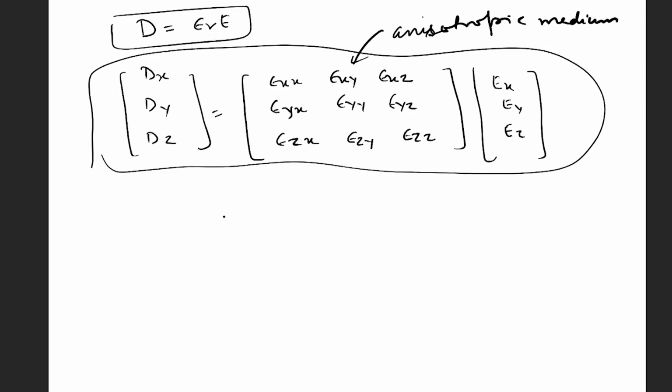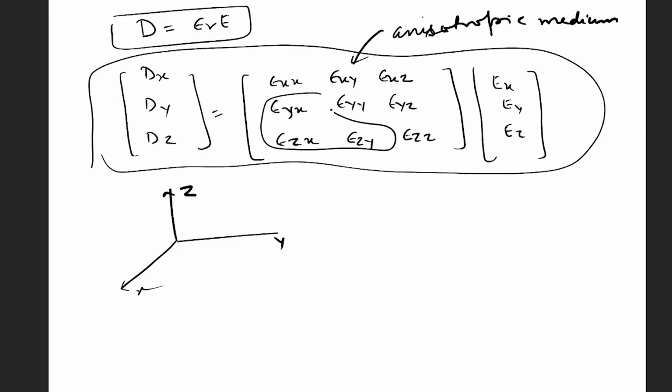Now for many crystals, it is possible that we can choose xyz axes such that these off diagonal terms are equal to 0. We can choose our axes such that these terms go to 0.